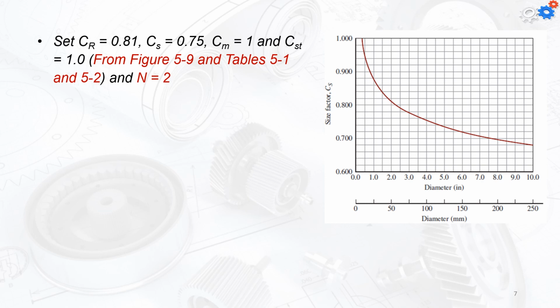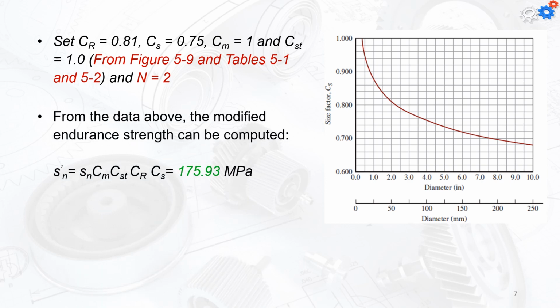We can find all these values from Figure 5.9 and Tables 5.1 and 5.2, and the design factor we're going to use in this example is going to be equal to 2. From the data above, we can find the modified endurance strength value, which can be computed by multiplying the endurance strength that we found earlier by the multiple factors that we just found on the tables. We find that the modified endurance strength value is going to be 175.93 megapascal.